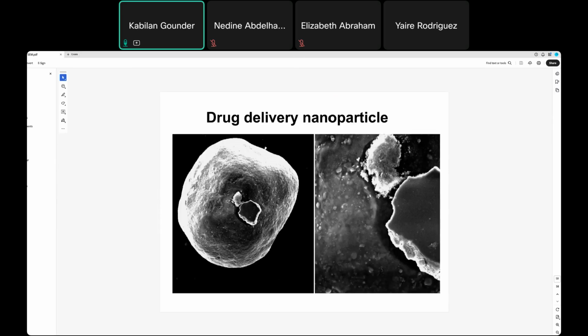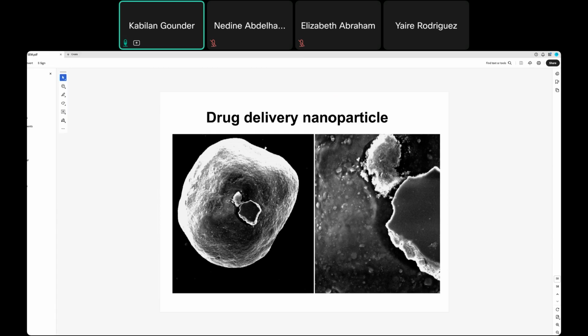Also, drug delivery nanoparticles is another important collaboration. They want to study how the structure of the nanoparticle looks. Is it good, or is there any damage? So this is a typical nanoparticle. You can see lower magnification and higher magnification of these studies.